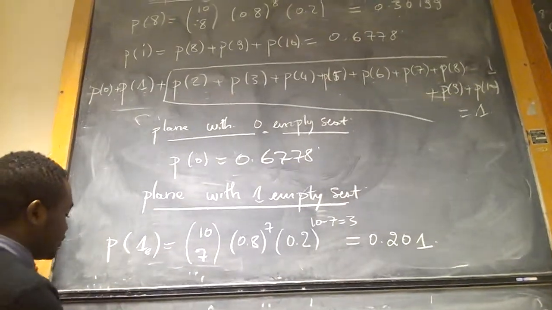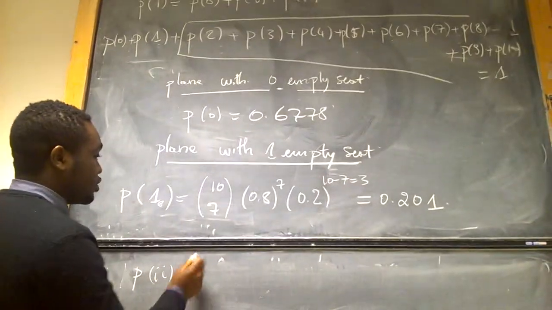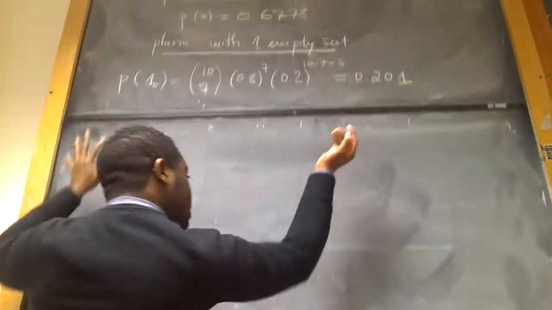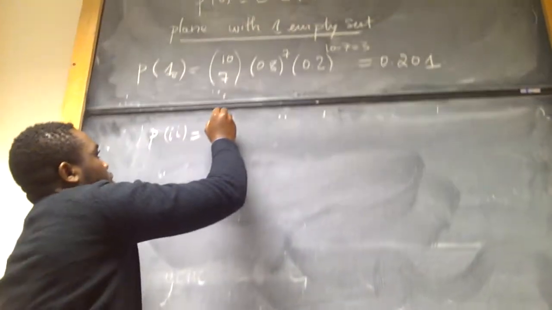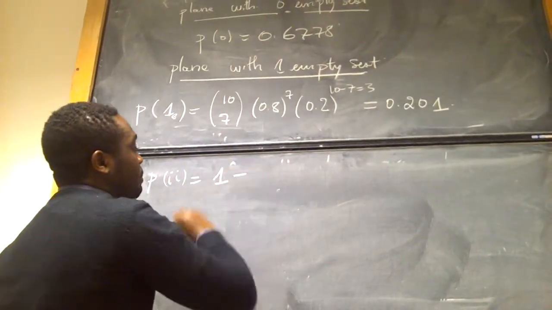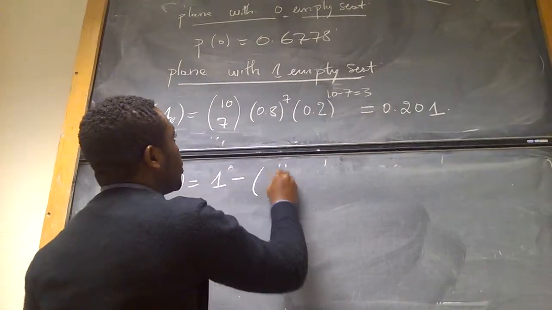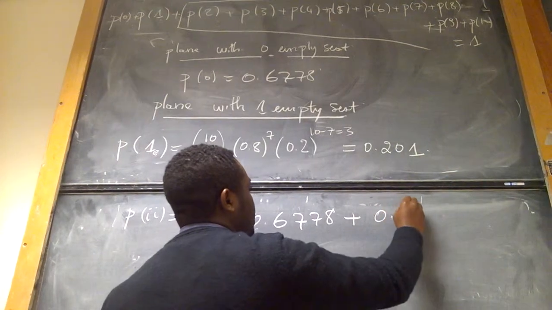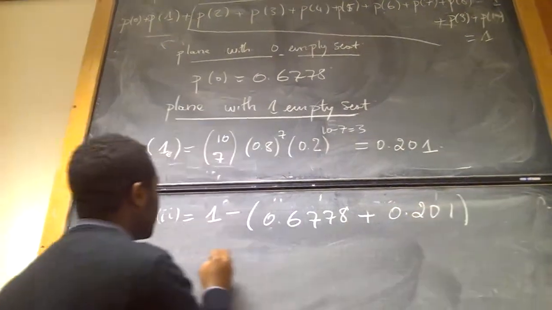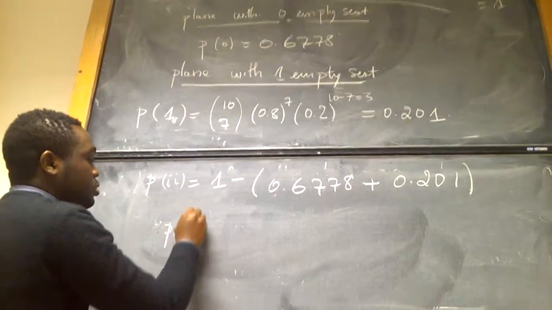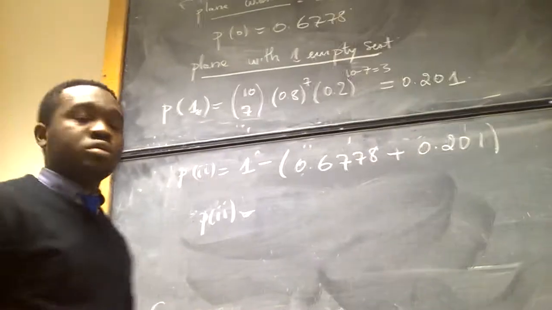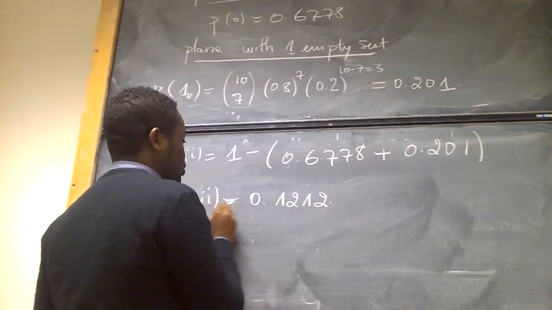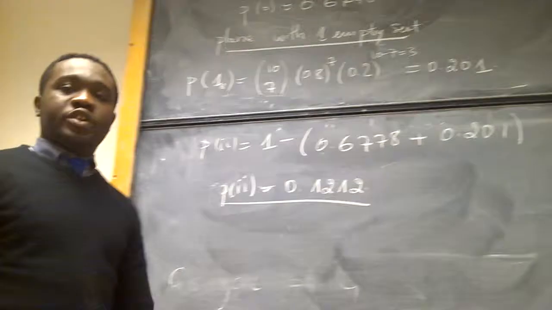So the answer of the second question will be just 1 minus 0.6778 plus 0.201. So the answer will be 0.1212. That's it. Thank you very much.